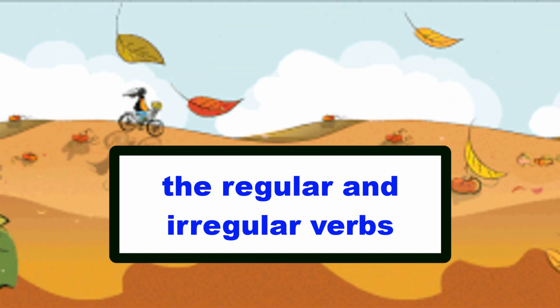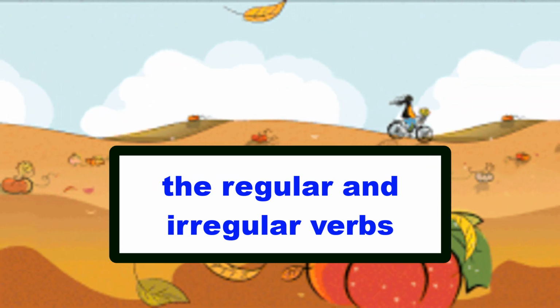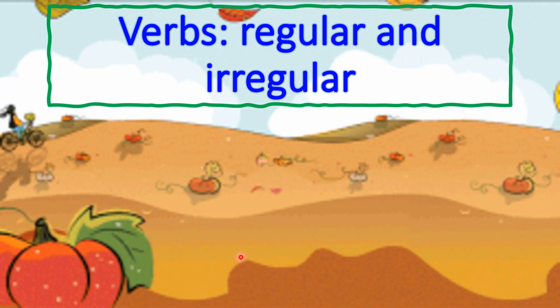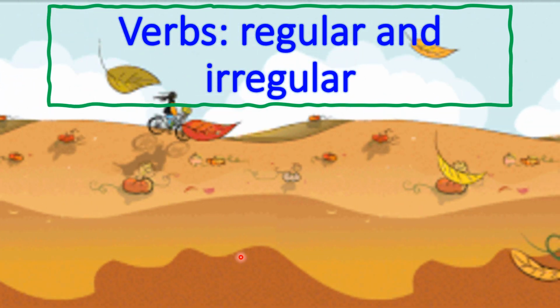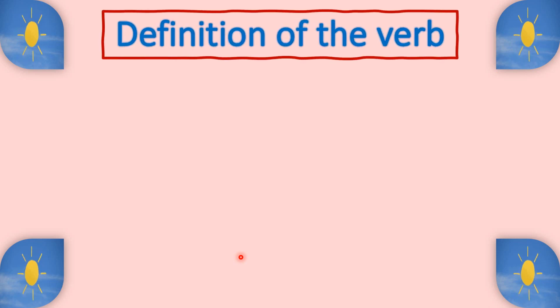In this video we are going to see one of the important courses, which is the regular and irregular verbs. Just follow me. First, what is a verb? Yes, it is a word.